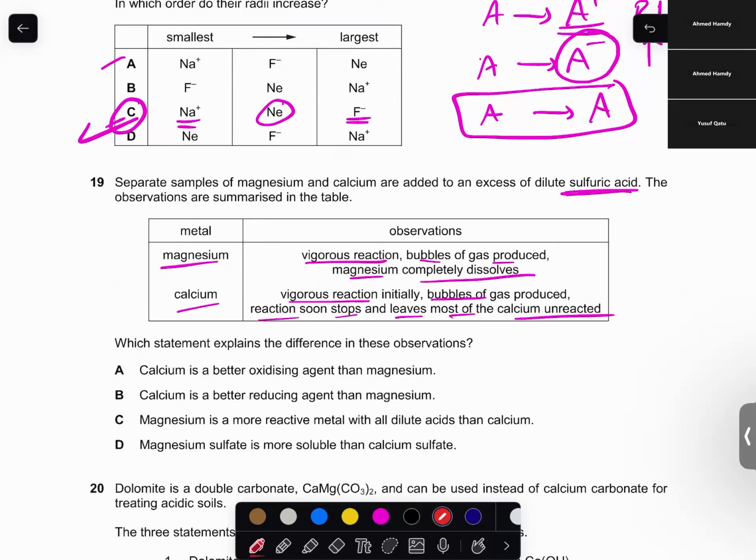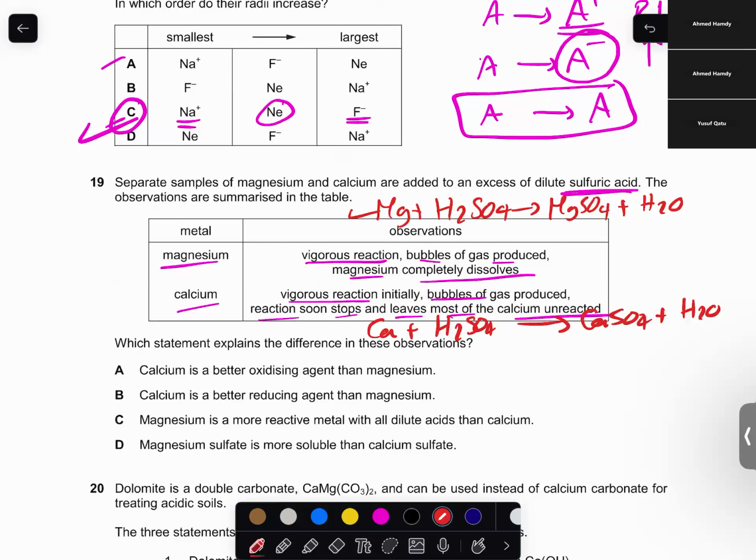If we react magnesium with sulfuric acid, it gives magnesium sulfate plus hydrogen. And if we react calcium with sulfuric acid, it gives calcium sulfate plus hydrogen. Why does the reaction in the case of magnesium continue? Because the product is magnesium sulfate. And here, why doesn't the reaction continue?